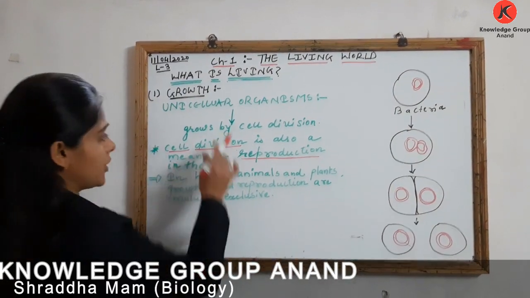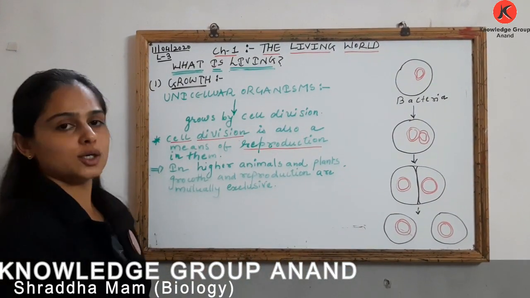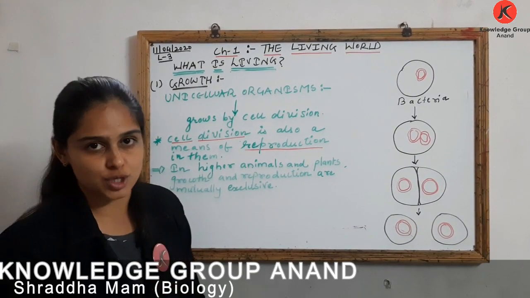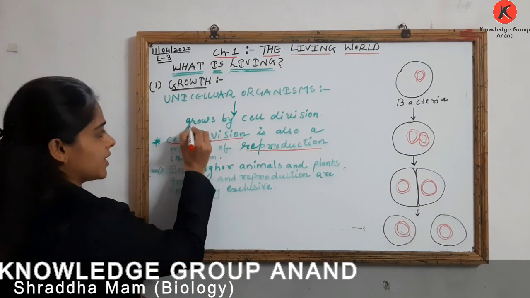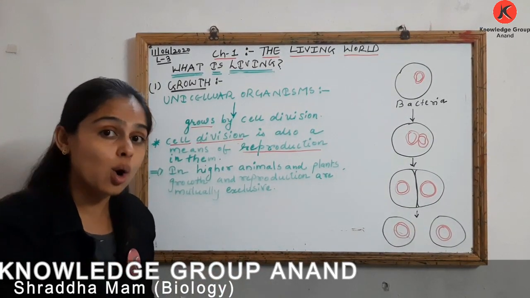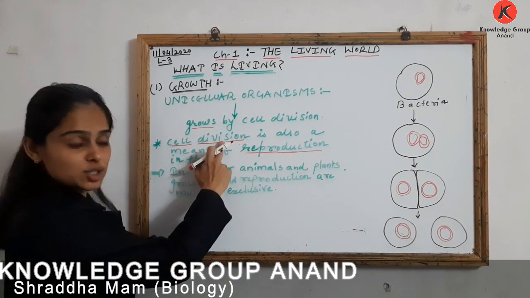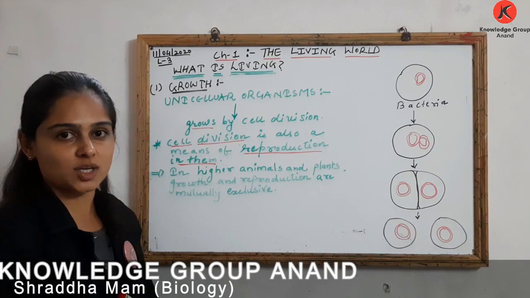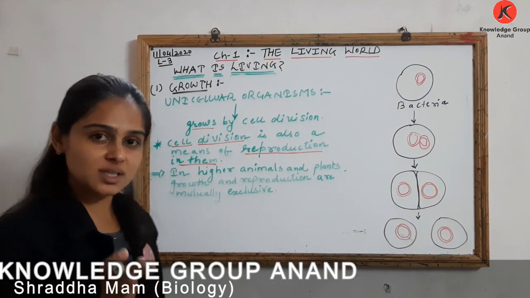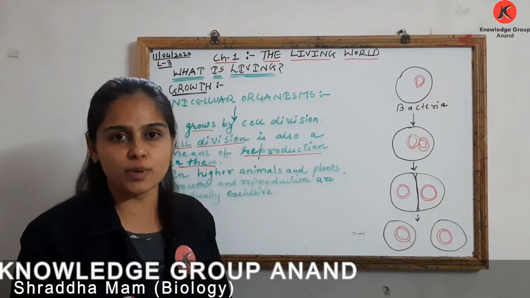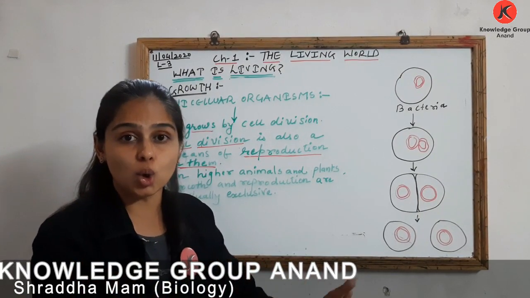So if we are talking about unicellular organisms, they grow by cell division. The most important thing, they grow by a process of cell division. And cell division also means reproduction in them. Yes or no? So if you are talking about a unicellular organism, growth and reproduction mean the same only.